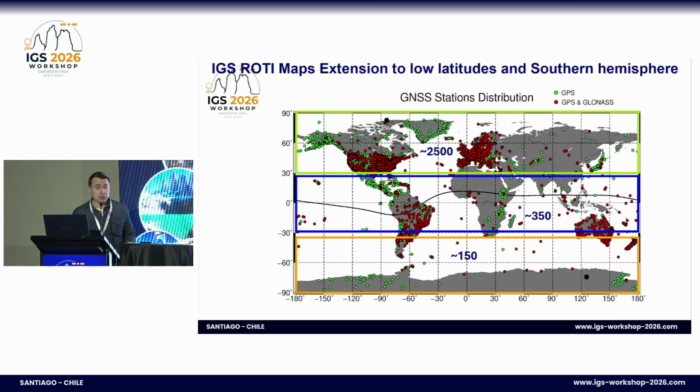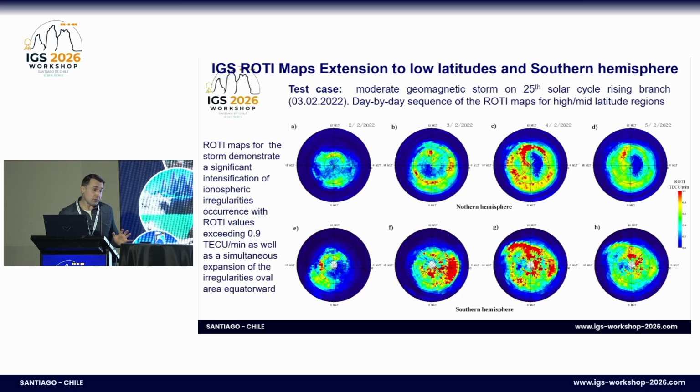But we have a challenge in terms of data availability. Most stations are concentrated in the northern hemisphere, and we have a lack of data in the other regions that we are interested in.